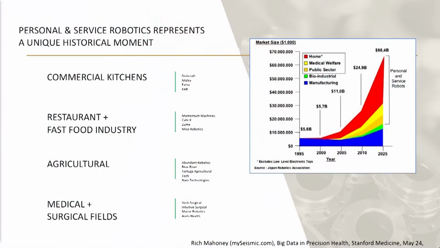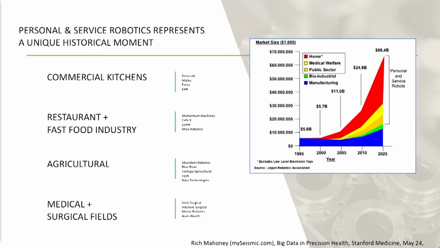So a few other trends started to emerge over the last 10 years or so related to the application of robotics. One of the key things is that we are in this really early stage of transitioning from industrial kinds of applications to more personal and service applications. And I really think that this is a very significant moment.